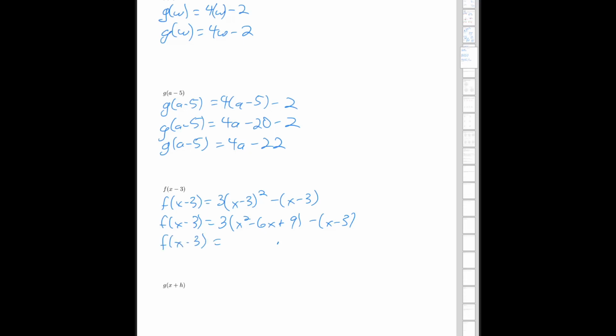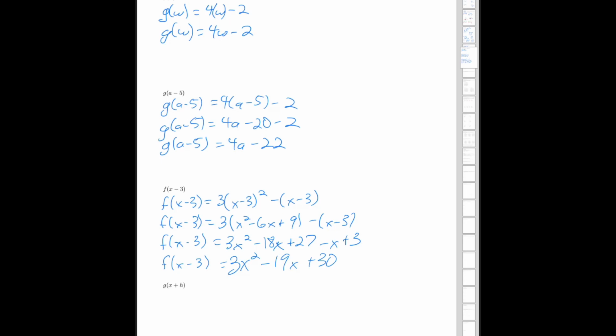Distribute to get 3x squared minus 18x plus 27 minus x plus 3, and then combine like terms to get 3x squared minus 19x plus 30.